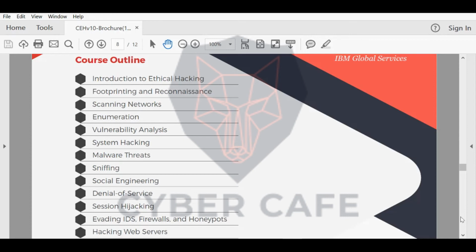Then we're going to talk about malware threats, then sniffing, which is a layer 2 attack, how to hack a network, wired or wireless. Then social engineering, which is more about attacks through people. I can spend days trying to bypass firewalls or protection to hack into a company, or I can send an email using some fake email application, or I can call him or send him a fake SMS.